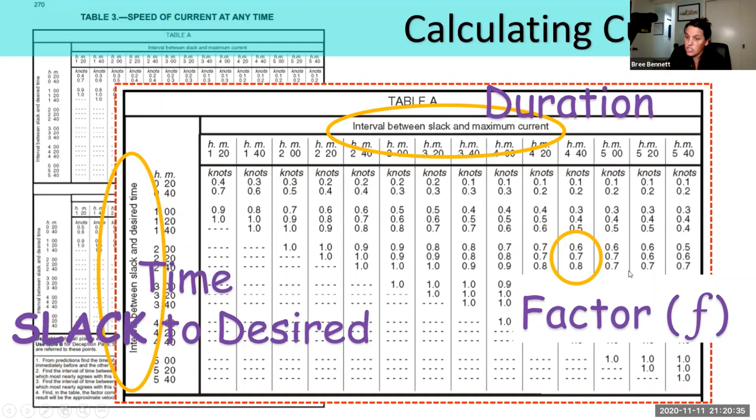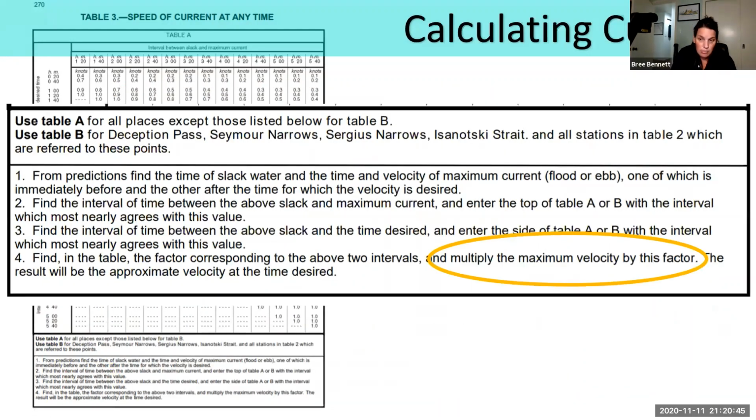So the factor is going to that maximum number, where our time interval goes to that minimum, that slack number. So it can be confusing. But as you practice it, it'll get better.